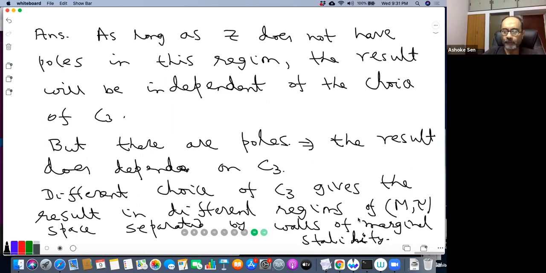Because as you move from one value of C3 to another value of C3, the contour passes through poles, the result jumps. But the new result represents the actual index in a different region of the moduli space. This is the generalization of the story that we saw earlier, that we have this G45 positive and G45 negative, and the partition function is the same, but it depends on how you expand.